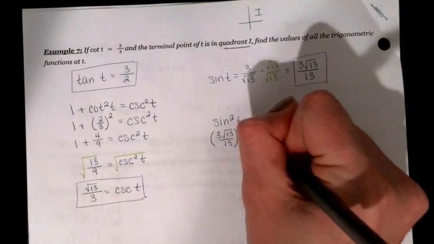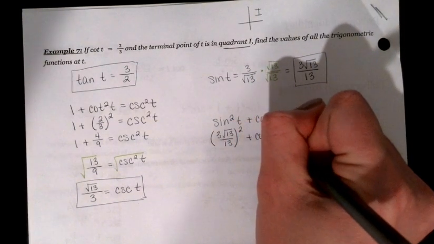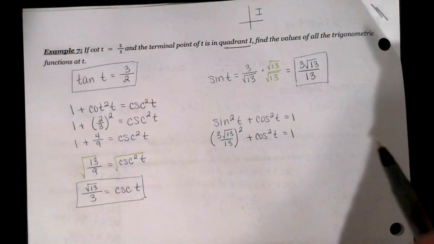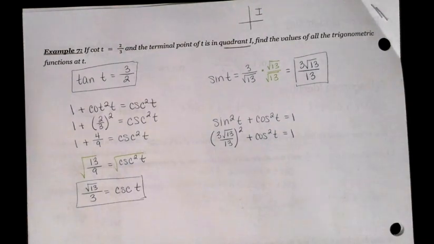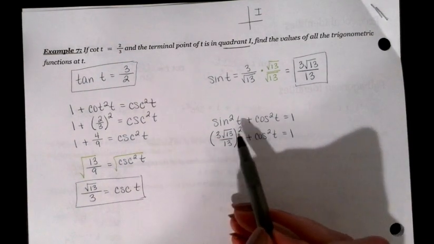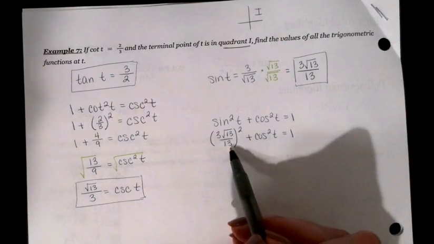That's being squared. All right, so when I do this, I need to square everything. So my 3 is being squared, the square root of 13 is being squared, and the 13 is being squared.